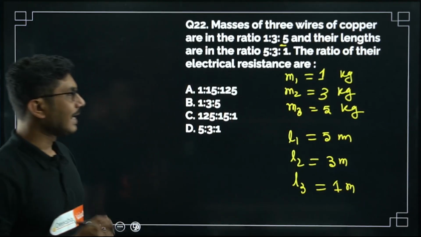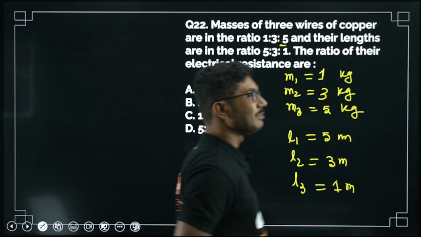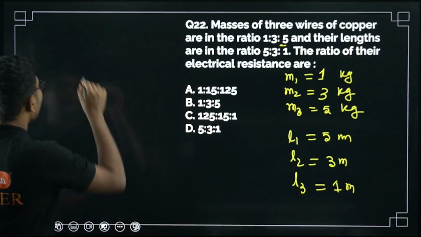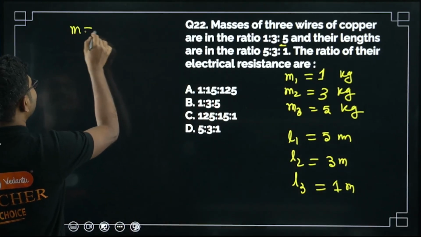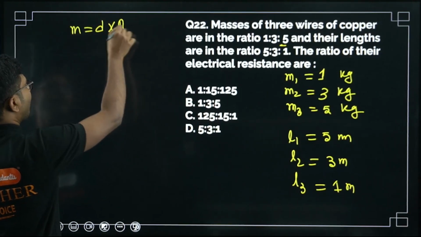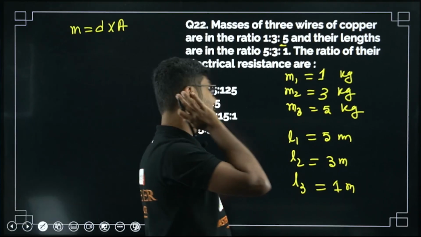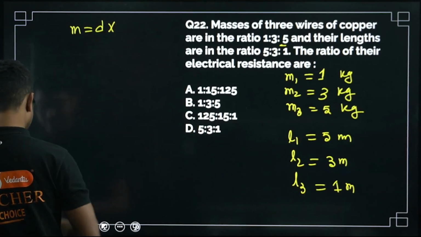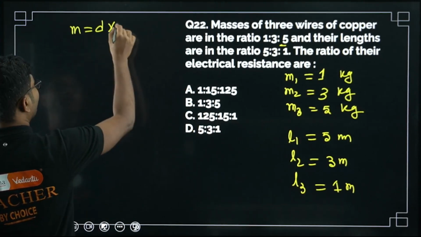So this we have assumed. Now why is the mass important? The mass of an object is basically the density times volume.